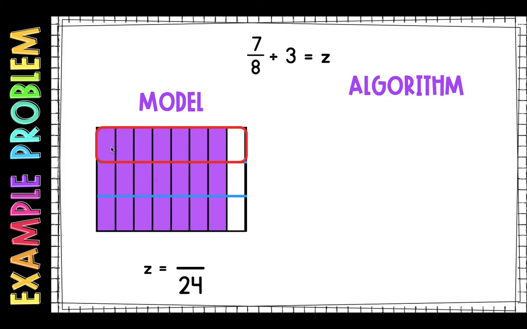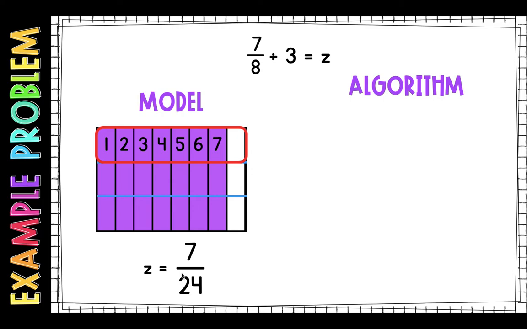And then I'll just need to count the number of shaded 24ths that I have in each group that I separated it into. So in this case, there are 7. So that means that 7/8 divided by 3 will give me 7/24.